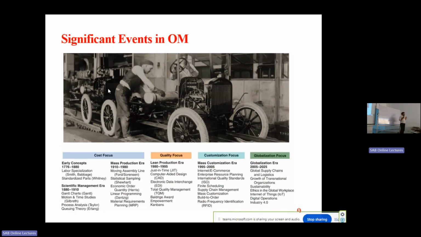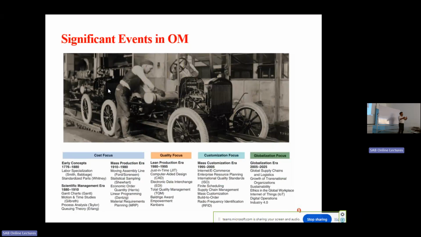Even today, there is that focus. And we try to manage operations while optimizing cost efficiently and effectively. So the cost focus is still relevant to date in any industry. What do we mean by cost focus? Higher productivity, higher efficiency, low cost. And for that, there are various operations management concepts.